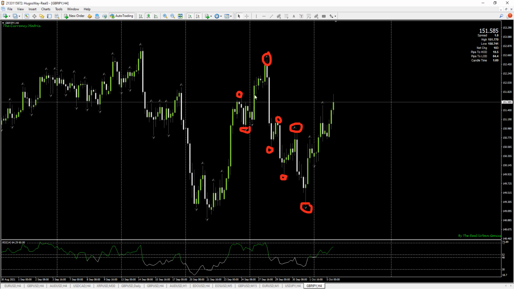It takes 5 points for a fractal to show up. A lot of people don't know that. They'd ask, what determines a fractal? All 5 points: 0, plus 1, minus 1, plus 2, minus 2. That confirms a fractal. That's the data the computer looks for when a fractal is indicated on your chart.